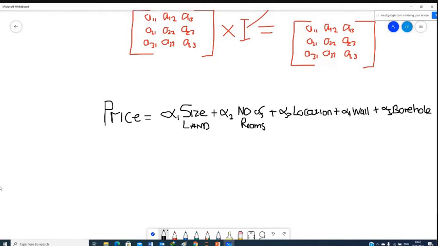Yeah, so let's say these are the 5 variables. In machine learning, we refer to these variables as features.